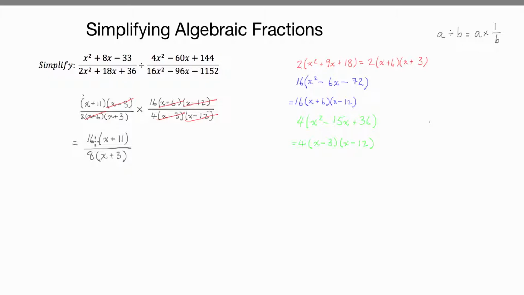This 16 over 8, 16 divided by 8 is just 2 in the numerator. So finally, the solution to this, the simplest fraction we can get from that initial one, is 2 bracket x plus 11 divided by x plus 3.